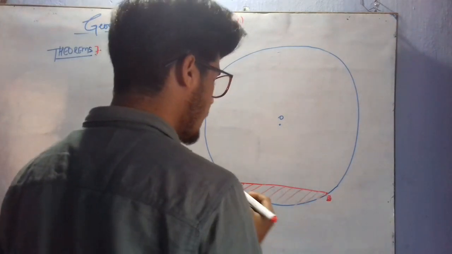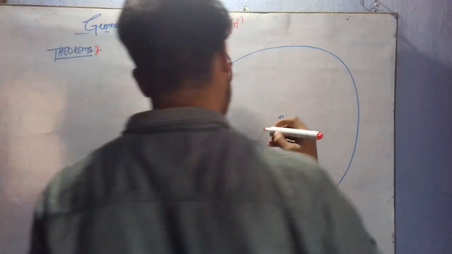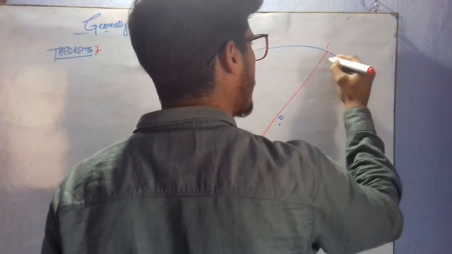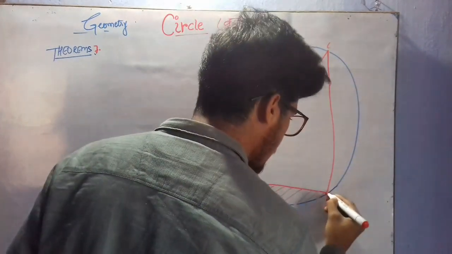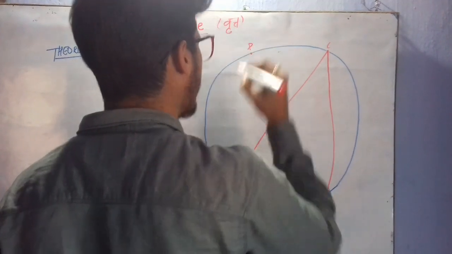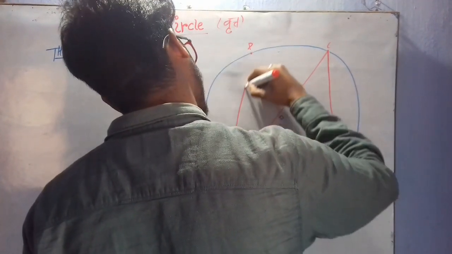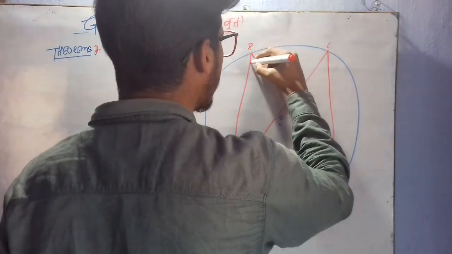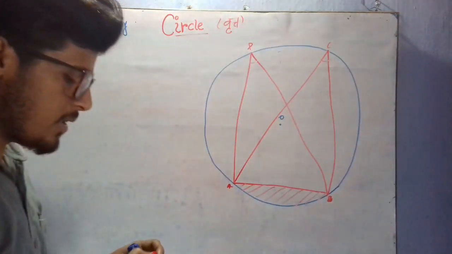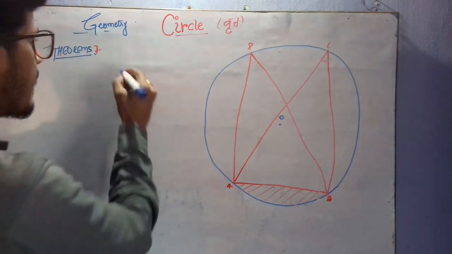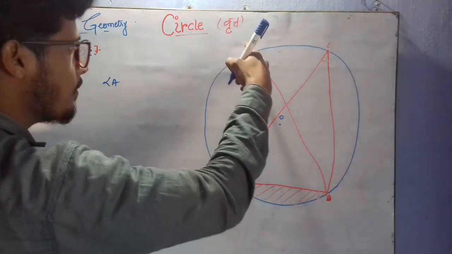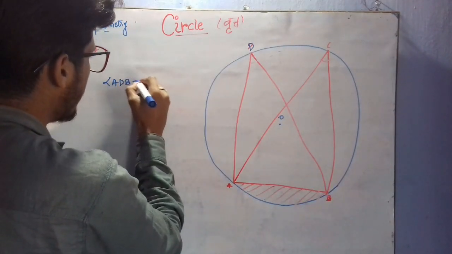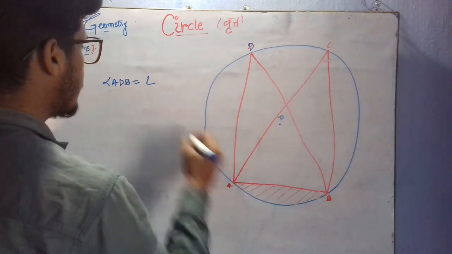So AB is a segment, and let's take a point C over here and another point D over here. Both of the angles will be equal. It means that angle ADB will equal angle ACB.